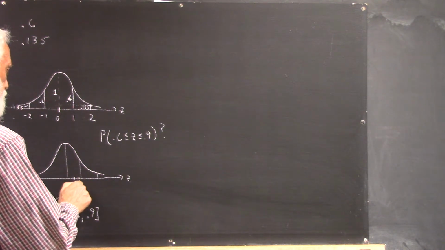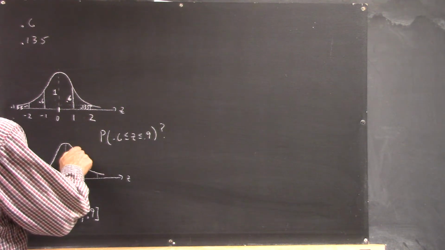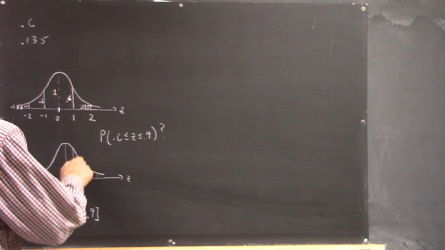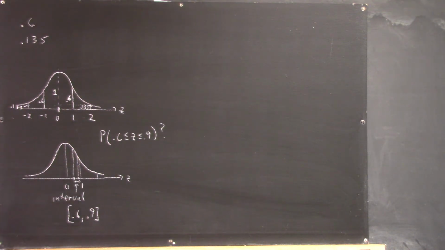I'm not going to attempt to label the 0.6 and the 0.9, although if we had a bigger graph we could, right? And the area under the curve corresponding to this interval is here, right?